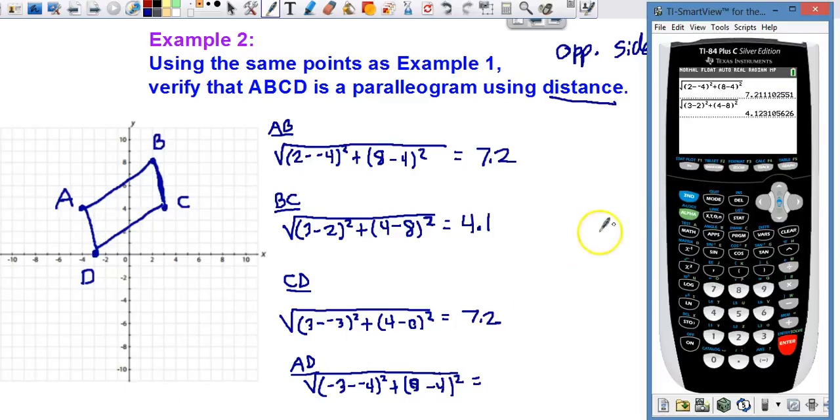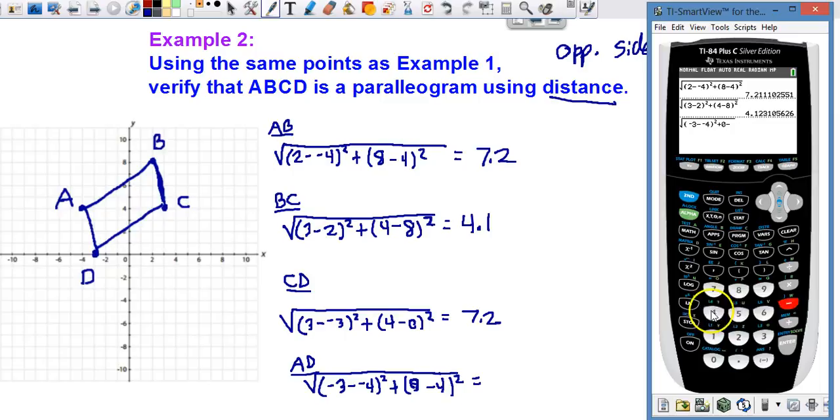And that's going to be 4.1. I will just verify that with you guys on the calculator. Notice how I'm typing it in. You can do negatives. Just be careful that you distinguish between the negative and the subtraction sign.